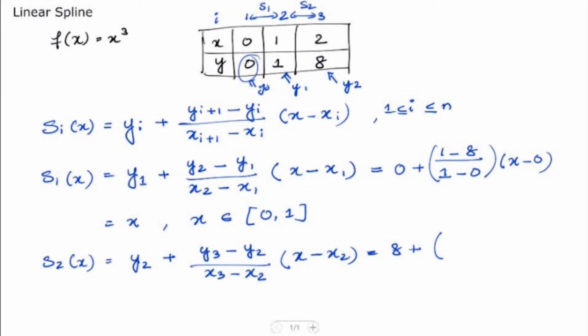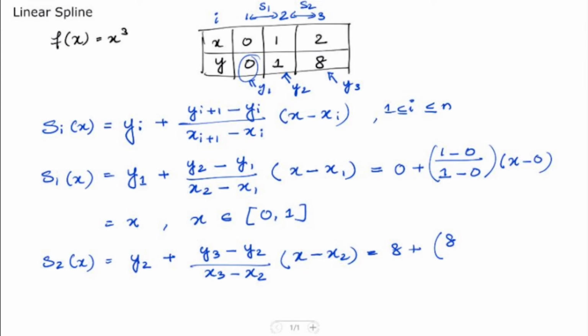Up here, these were not 0, 1, and 2, but these were y1, y2, and y3, corresponding to the i values. One more mistake: here we have y2 minus y1. So y2 was 1 minus y1 is 0. So this is supposed to be a 0.